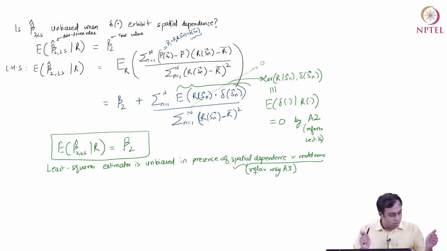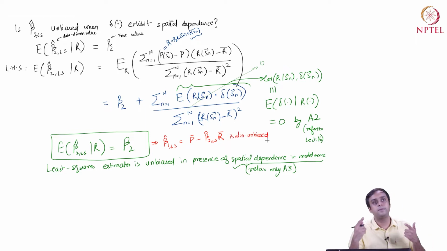Okay, and by extension, this will imply that beta 1 hat LS, which is nothing but P bar minus beta 2 hat LS times R bar, is also unbiased. So the regression estimators are unbiased in the presence of spatial dependence. This is a form of heteroscedasticity in data.